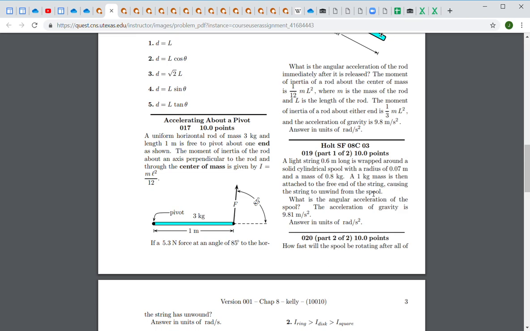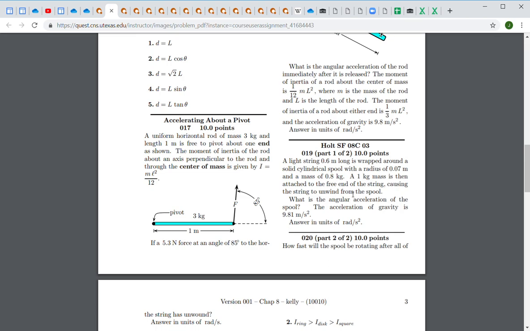So we're going to use this one. The solution method is just like we did on that worksheet. We're going to do separately F net equals ma along the vertical direction for the free body diagram of just the falling mass that's moving linearly, and then also torque net equals I alpha for the spool, where the net torque is just the force, the tension in the string, times the radius of the spool, right?